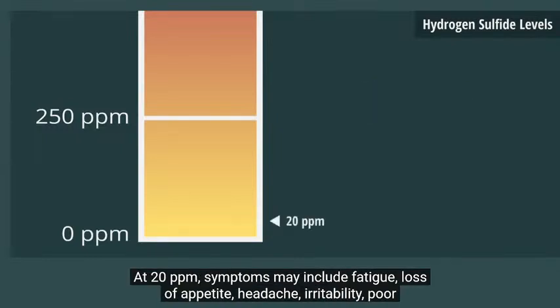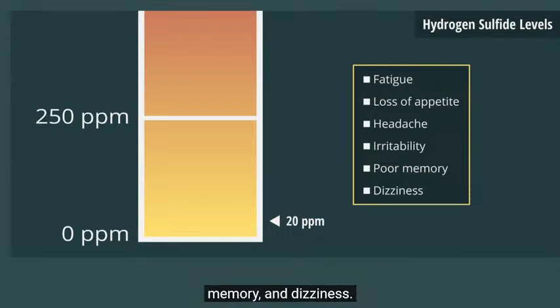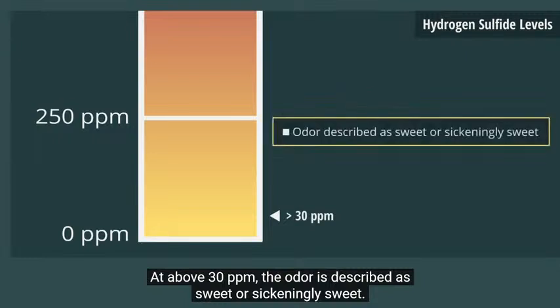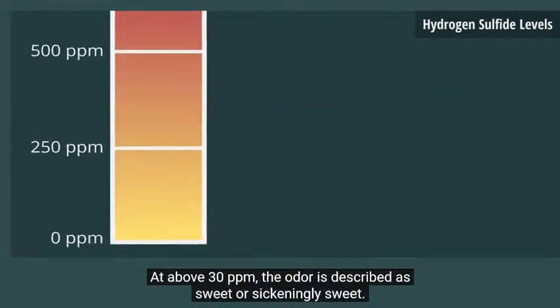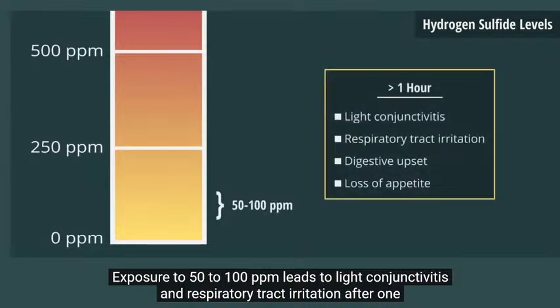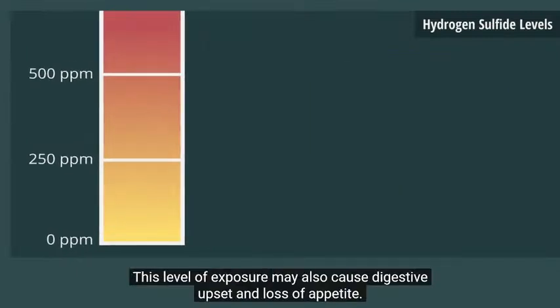At 20 parts per million, symptoms may include fatigue, loss of appetite, headache, irritability, poor memory, and dizziness. At above 30 parts per million, the odor is described as sweet or sickeningly sweet. Exposure to 50 to 100 parts per million leads to light conjunctivitis and respiratory tract irritation after 1 hour. This level of exposure may also cause digestive upset and loss of appetite.